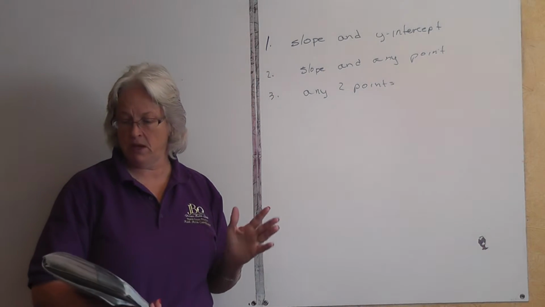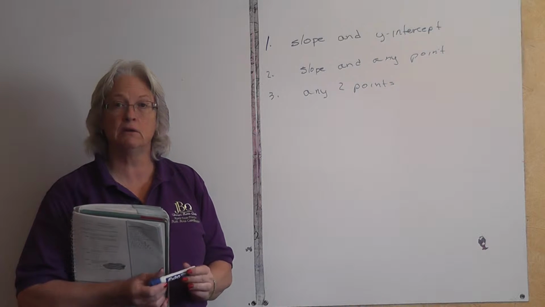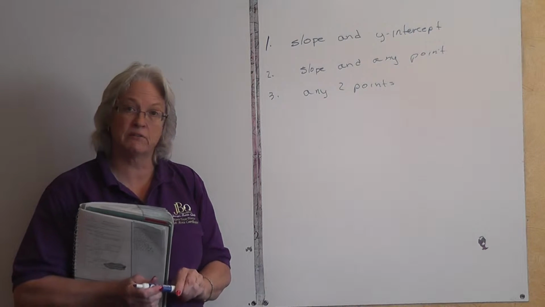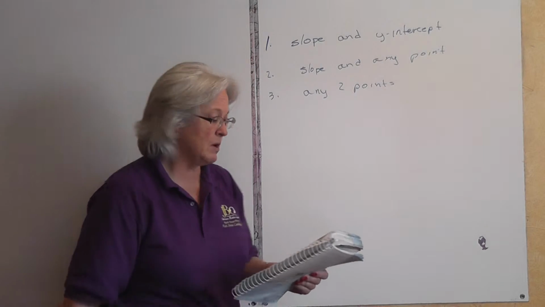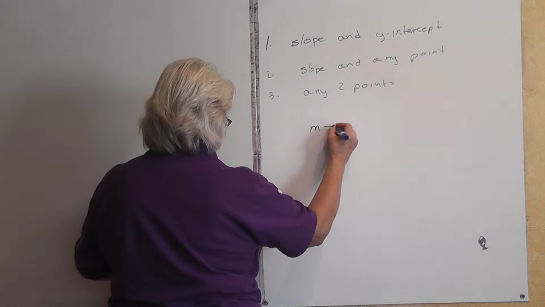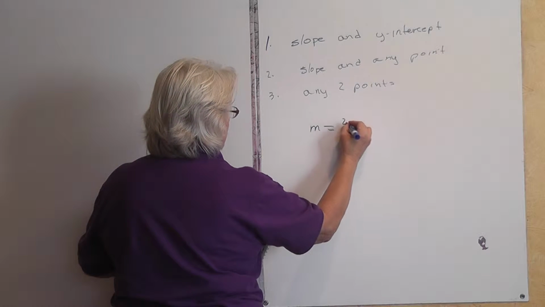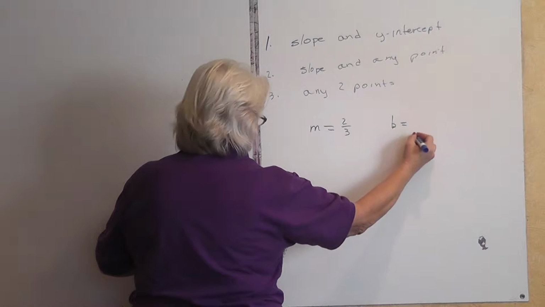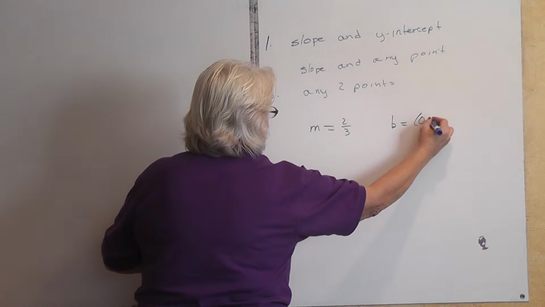If we have the slope and y-intercept of a line, then boy is it really easy to write the equation of that line. Example 1 says find the equation of the line with slope, which is m, equal to 2/3, and y-intercept, which is b, equal to (0, 5).